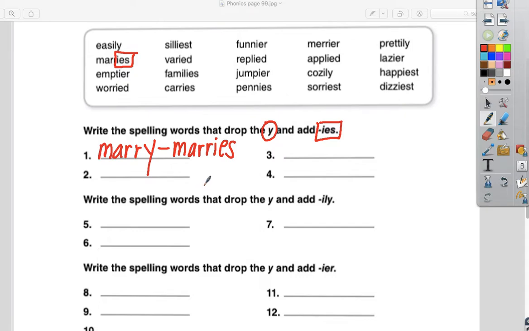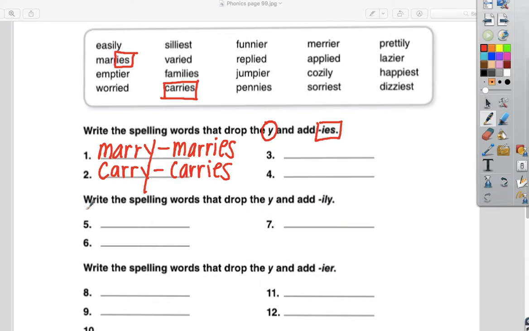Okay, let's do one more. Then you see carries. Remember, they dropped the Y and added an IES. So the original word was carry with a Y and they turned it into carries. Alright, we'll do one more together and I think you can figure out how to do the rest.